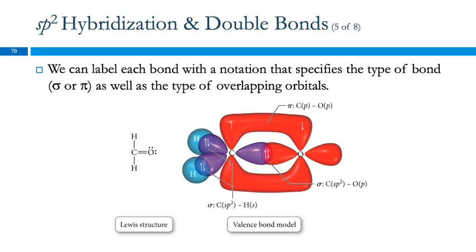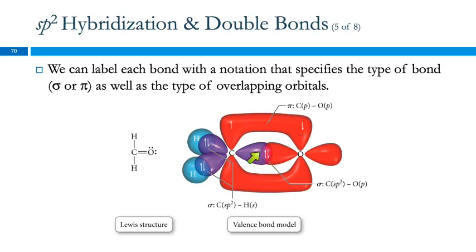So we can label these bonds, and we're going to do this on the worksheet. We're going to identify the bonds, and we do that by specifying which type of bond it is. Is it sigma or pi? What are the two atoms that it's between, and what are the orbitals involved?